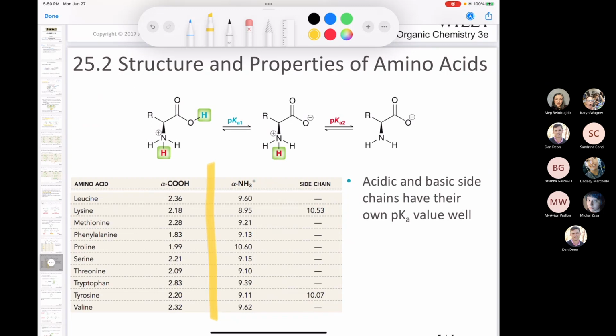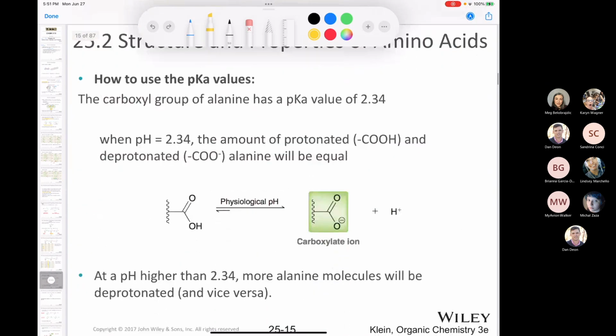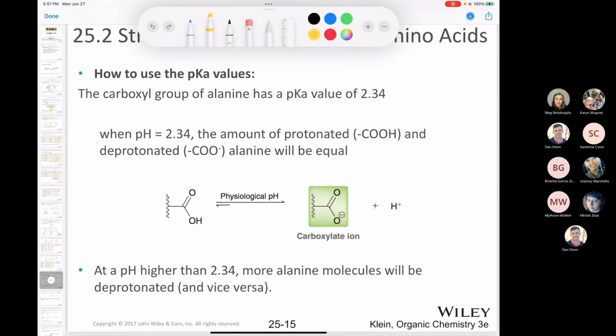So what does that mean? The pH of the human body is more basic than these carboxyl groups, but it's more acidic than these amino groups. So what does that mean? Let's take a look. What it means is that at physiological pH, where do I have it here?